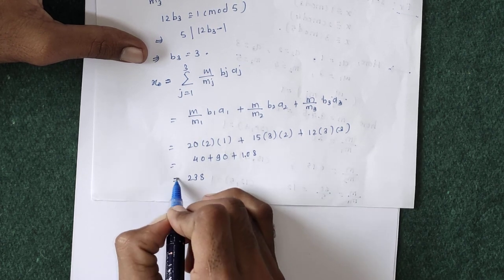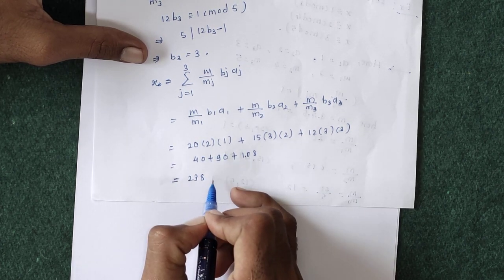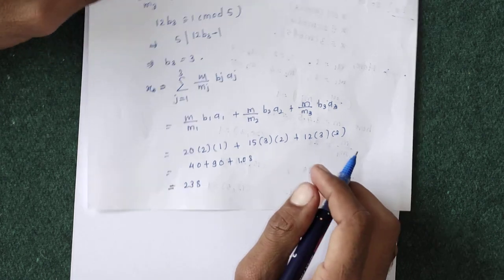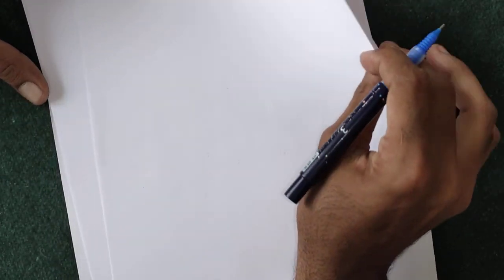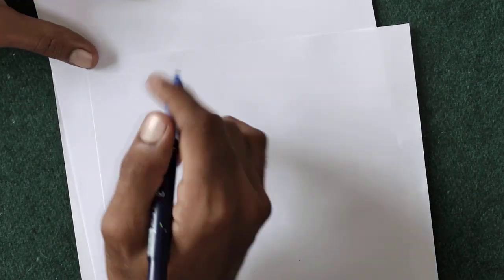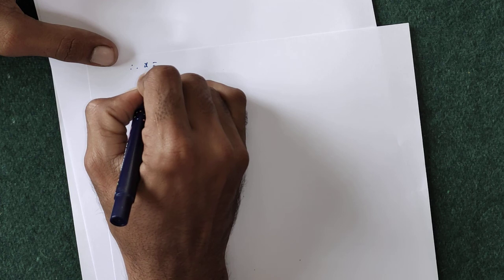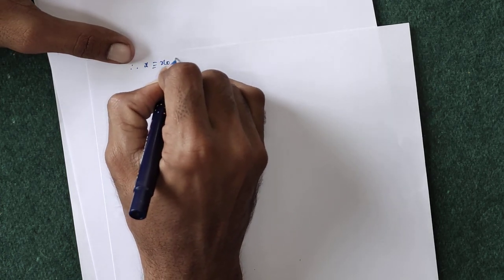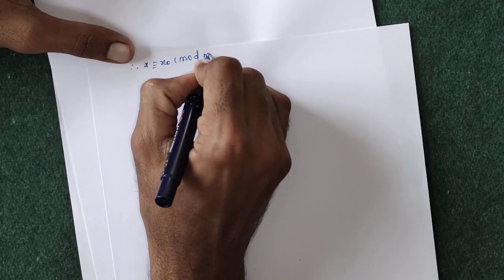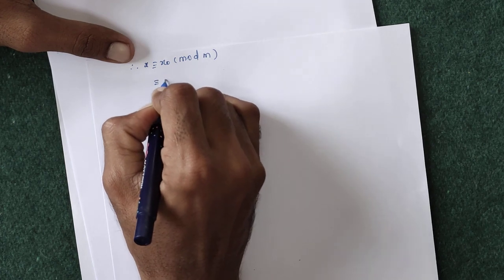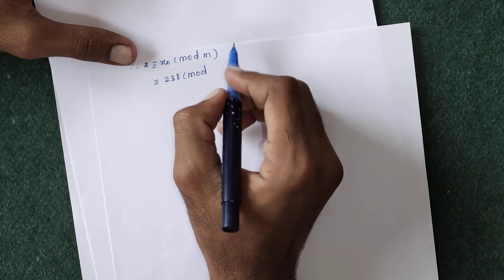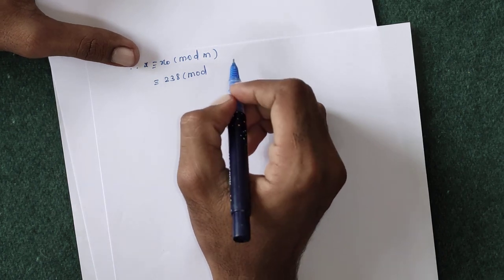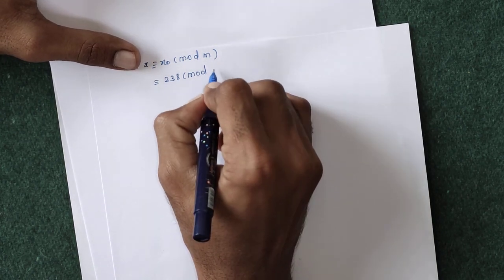Now we are going to take this number under modulo m, that is the multiplication of all the mi's. So x is congruent to x naught, which is 238, under modulo m, where m is the multiplication of m1, m2, m3, that is 3 into 4 into 5, which is 60.